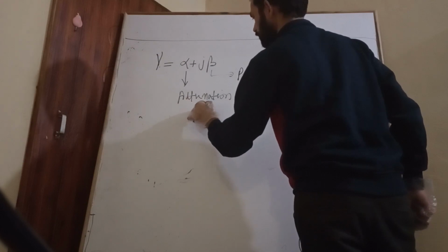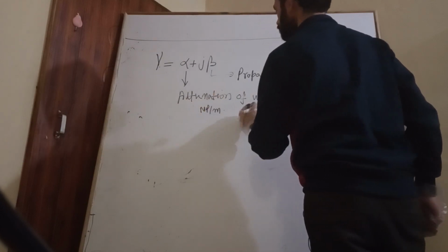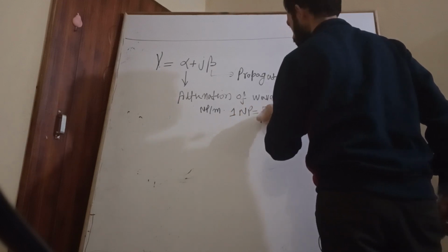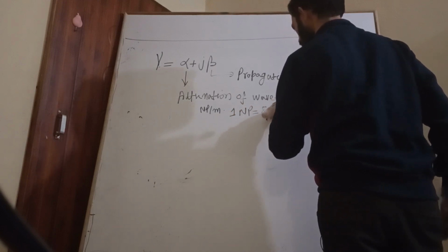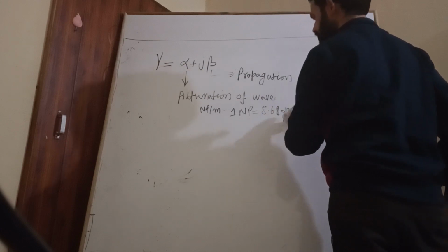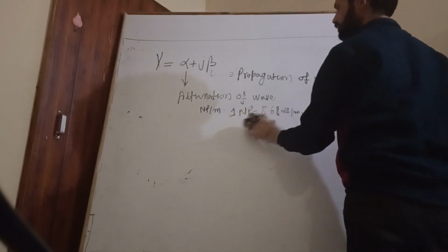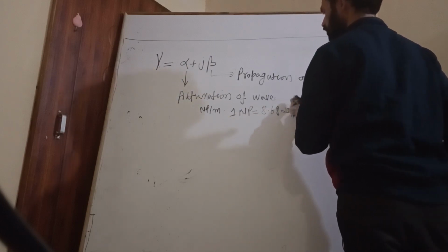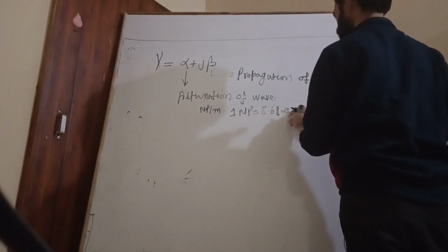The unit of the attenuation constant is neper per meter, where one neper is nothing but 8.68 dB. So we can say 1 neper per meter is equal to 8.68 dB per meter.